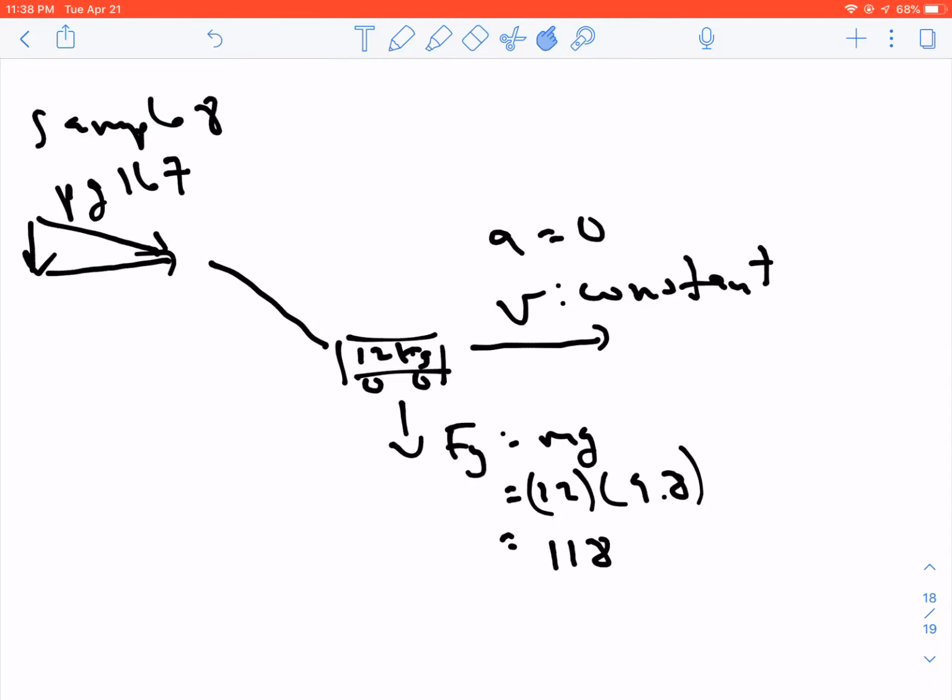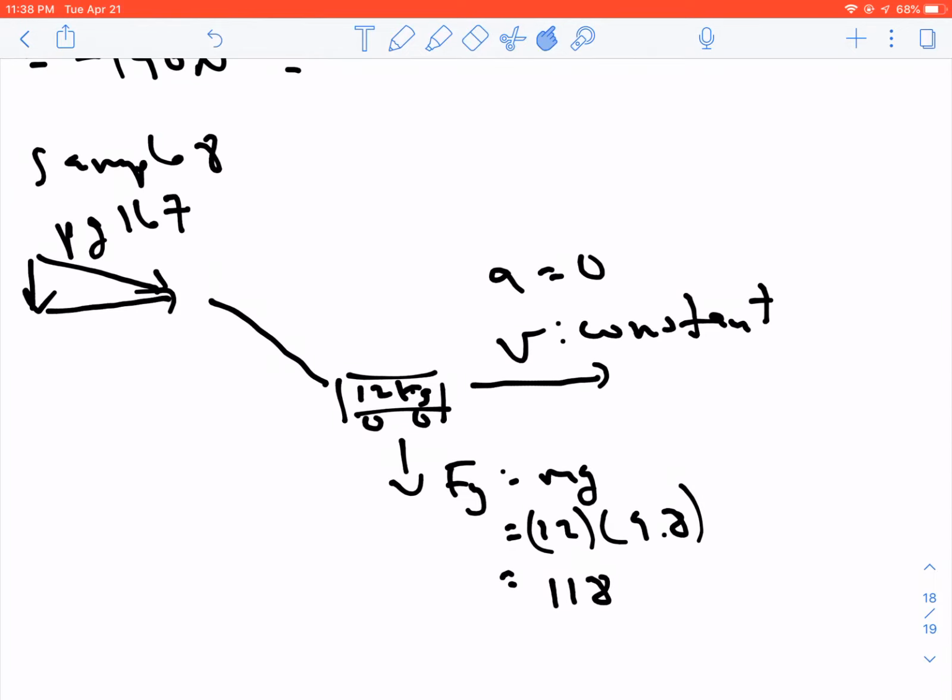We were told that the 40 is down and 150 is this way. So, we're also told the value for mu kinetic, because it's rolling across the lawn, and the mu value is 0.9.